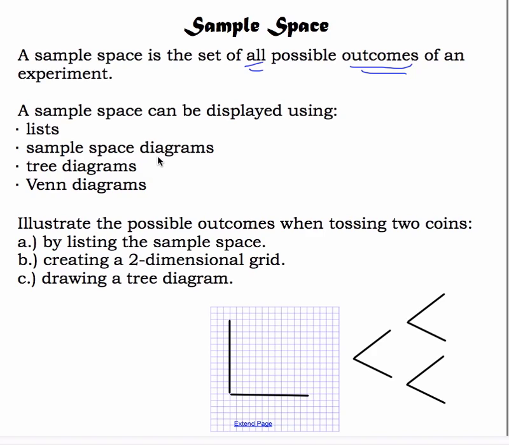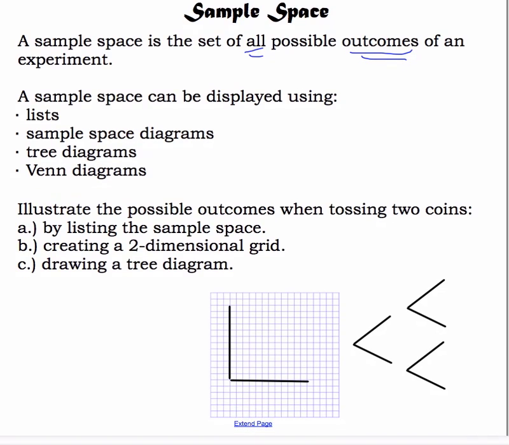Sample space diagrams, like this one right here, we're going to see in a second. Tree diagrams, like we're going to do in a second, and Venn diagrams. Sometimes we can use Venn diagrams, not always though. Maybe when there's some overlapping cases, then we can have Venn diagrams to show the overlap. Okay, but I'm going to do each sample space here, talking about tossing 2 coins.